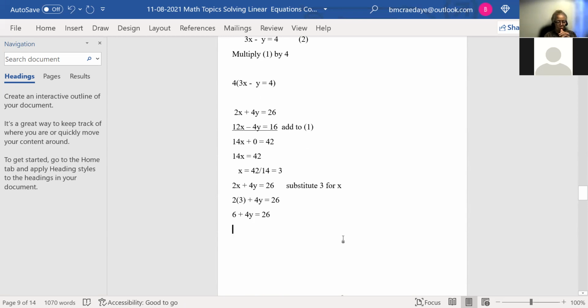How is 6 connected on the left side? 6 plus 4y means you're adding 6. So the opposite of adding is what? Subtracting. So you got to subtract 6 from both sides.